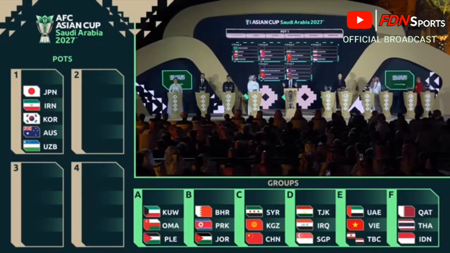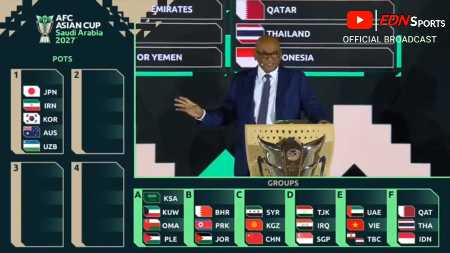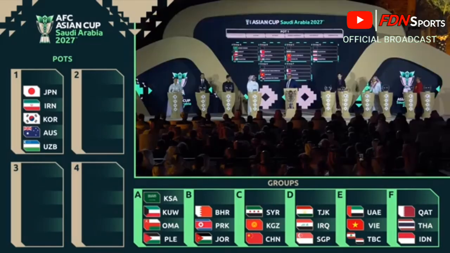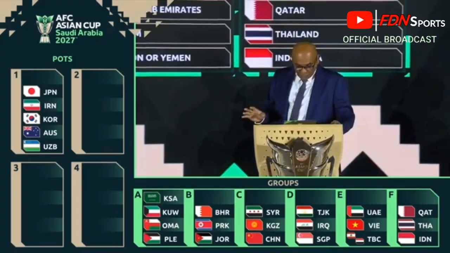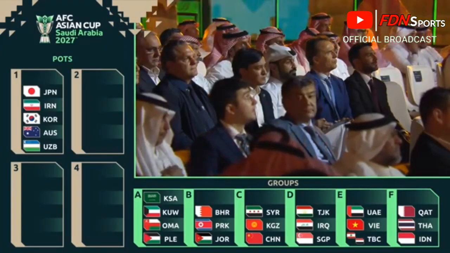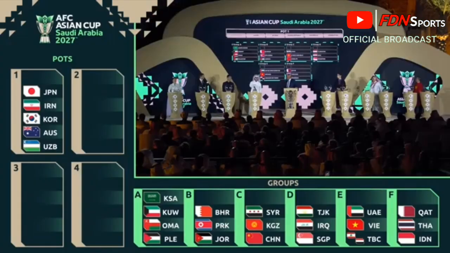Okay, so we do not have position balls because these top seats in pot 1 are automatically drawn into position 1. This is a very expensive pot. All of them are waiting where they will go. So the first ball you draw now will go into Group B. Please.